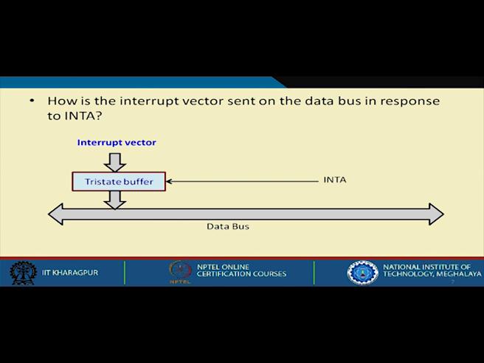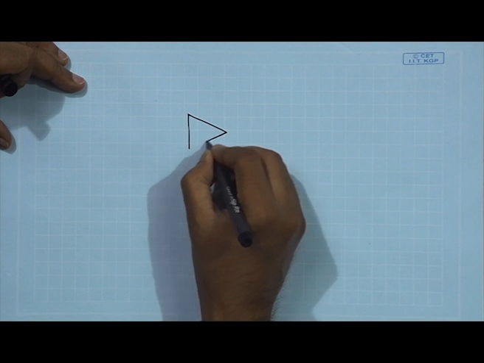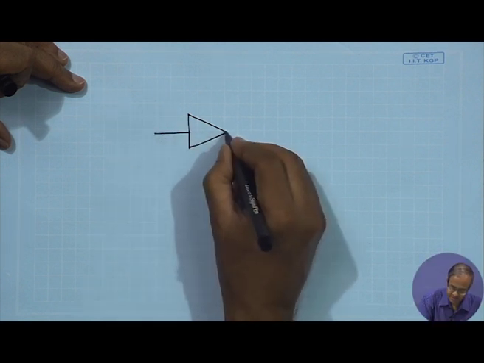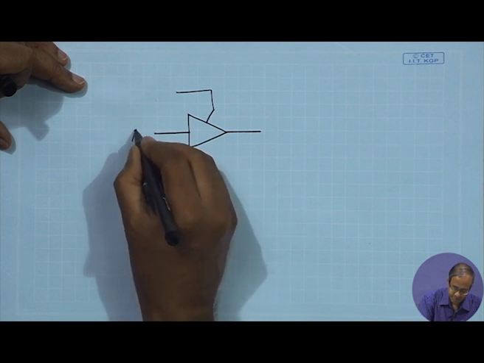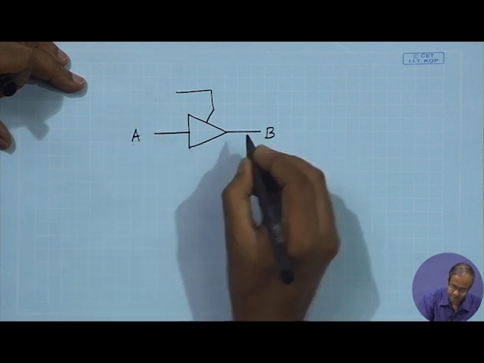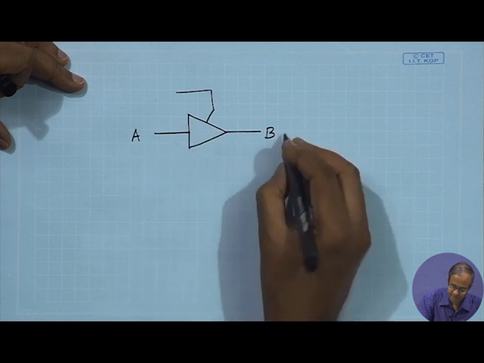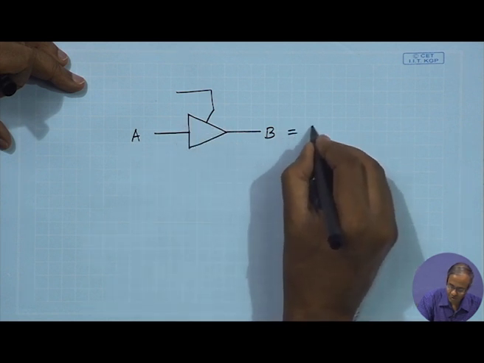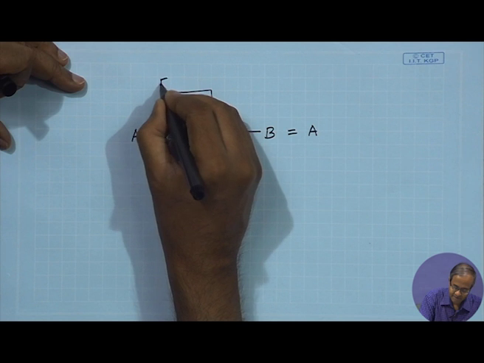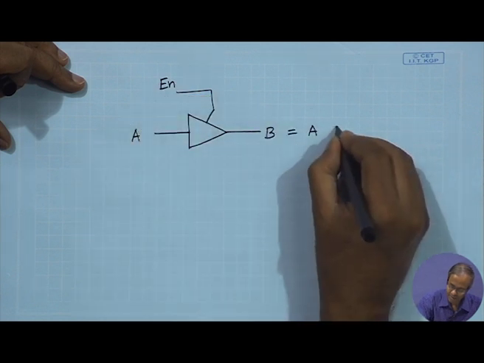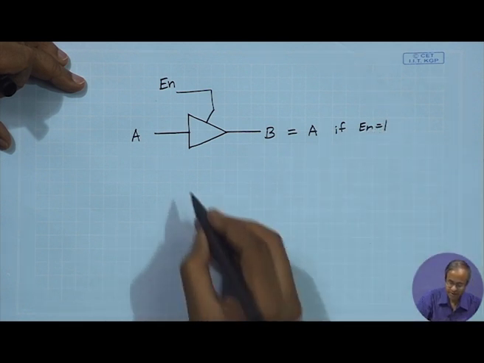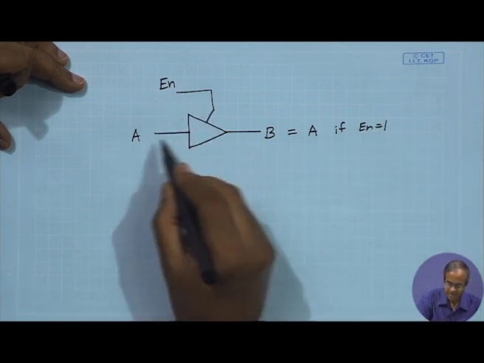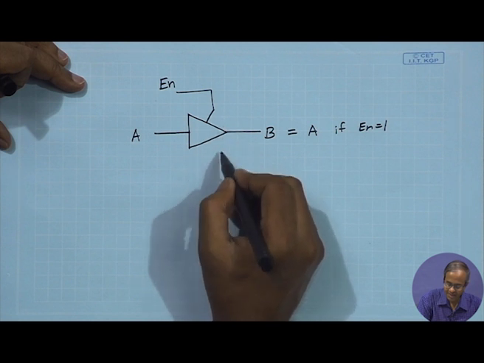Now, you recall what is a tri-state buffer? A tri-state buffer is a circuit which has an enable. Suppose I have an input A and the output B. So, if this buffer is enabled, then B will be equal to A. If enable equal to 1, let us say, B equals A, but if it is not enabled, then the output will be electrically disconnected.